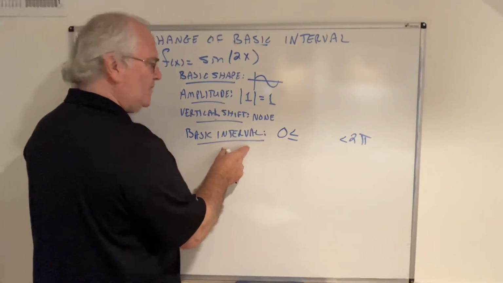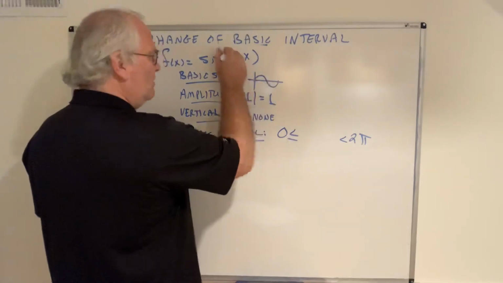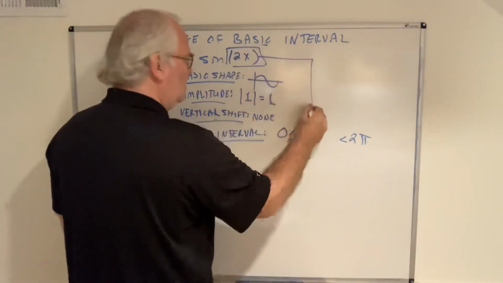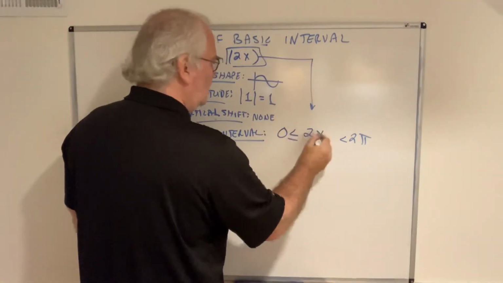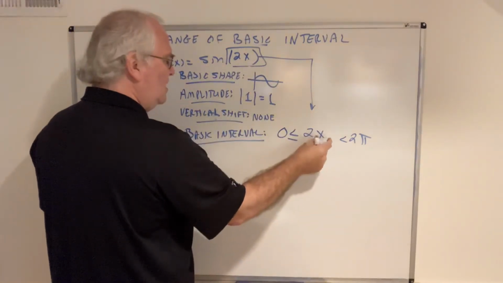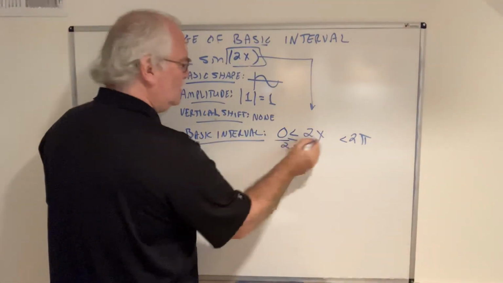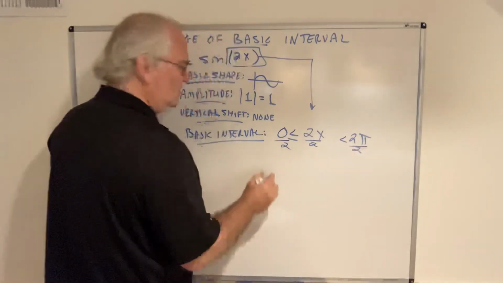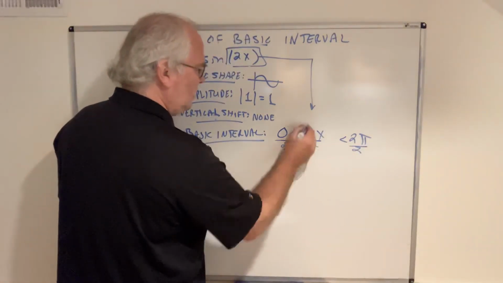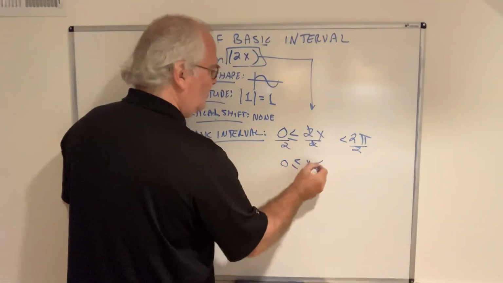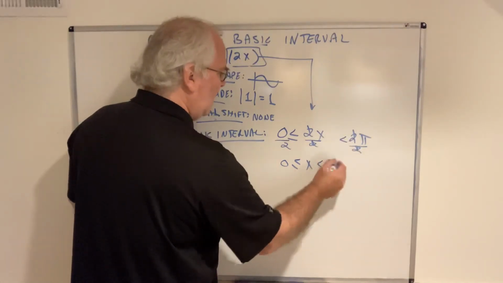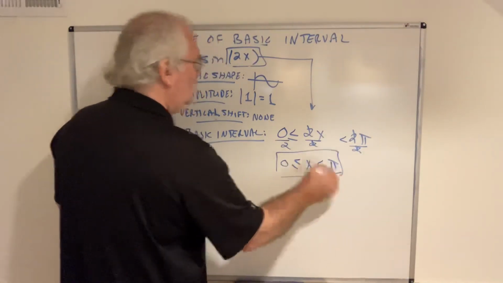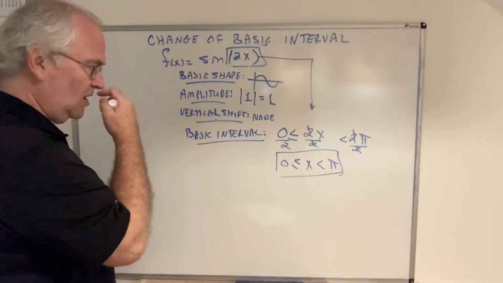Whatever's in the parenthesis goes here. Solve for x. So divide by 2, divide by 2, divide by 2. We have 0 less than or equal to x, which is less than pi. This is the interval over which this graph needs to occur.